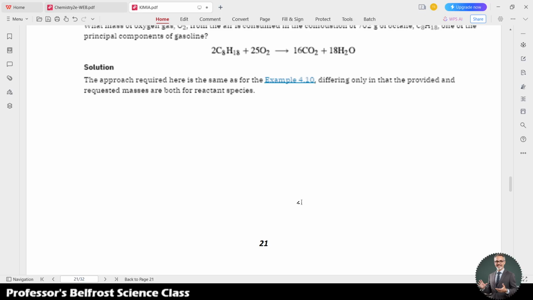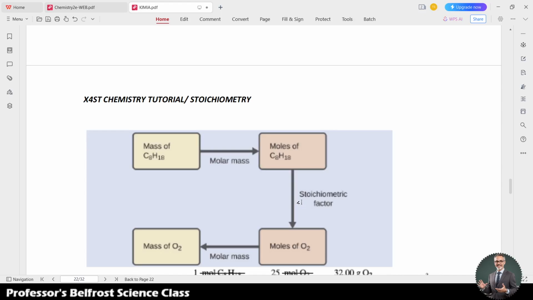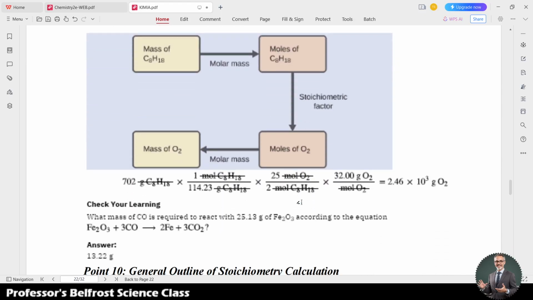Okay, so how to solve this? This is very simple. First we need to convert the mass of the octane to the moles of octane, and then by the stoichiometric factor we find the moles of oxygen, and then we multiply by the molar mass to know the mass of the oxygen. It's actually identical to the previous example.